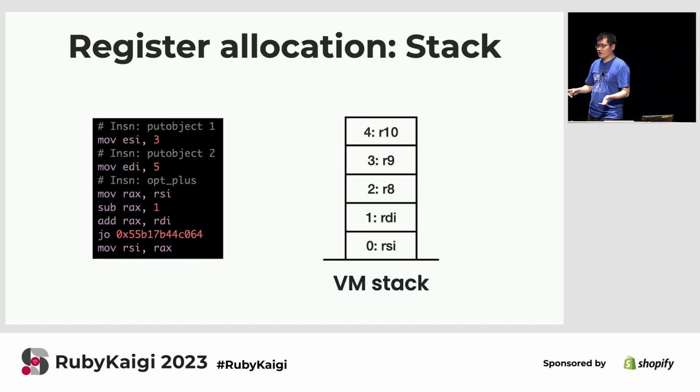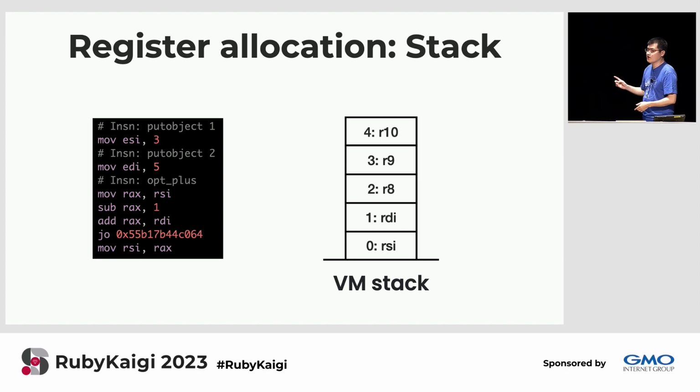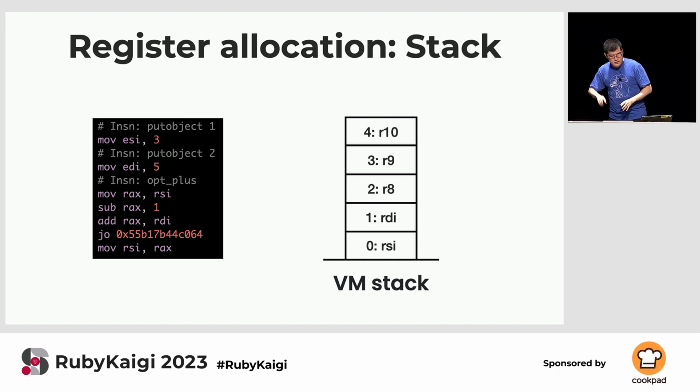And one of the things that I am currently working on in the YJIT is the register allocation for stack operations. So as I explained before, Ruby virtual machine uses stack for operating the YARV instructions. And as I explained, the stack 0 uses ESI or RSI, and the stack 1 uses RDI and EDI. And that way, we could just use registers as the stack operand instead of using the memory.